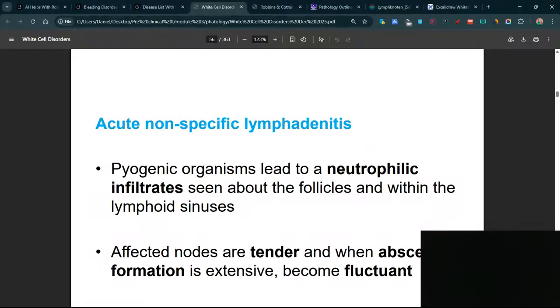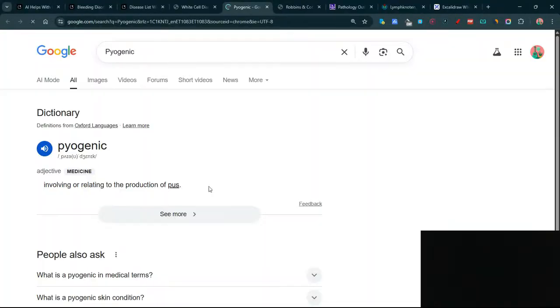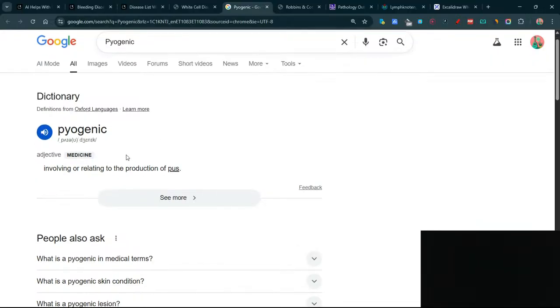Distended, what the hell. So pyogenic organisms lead to neutrophilic infiltrates. Okay, what the hell is pyogenic? Not knowing is not a shame, but passing over not knowing is a sin. Pyogenic means involving or related to the production of pus.